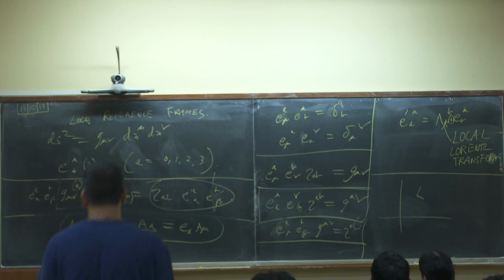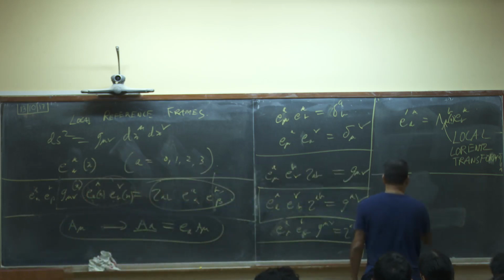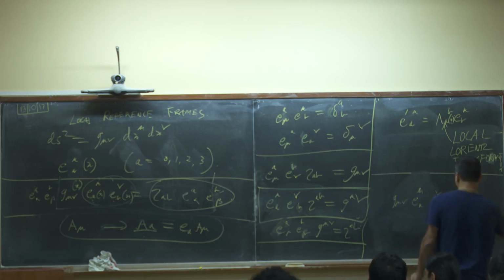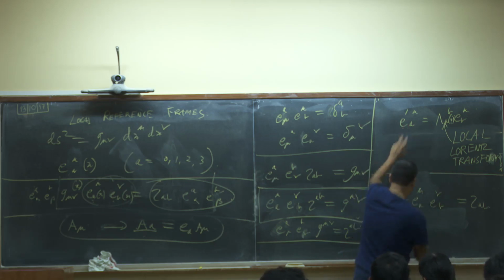How do these E mu B obey this equation? What was the equation? It was g mu nu E mu A E nu B equal to eta AB. Now we'll put this in. Let me check if this obeys it or not.